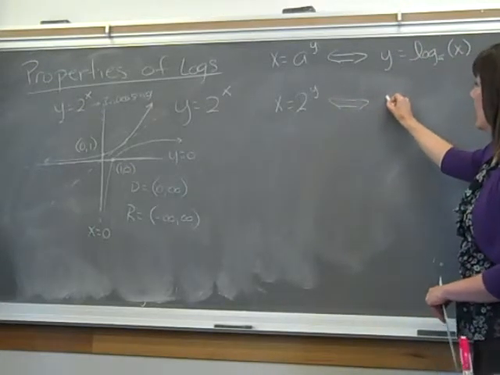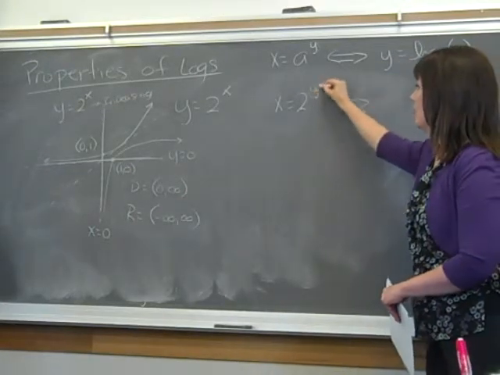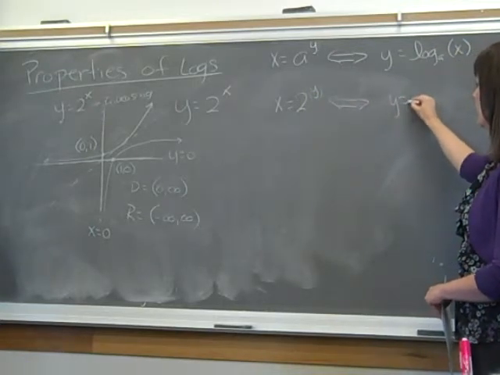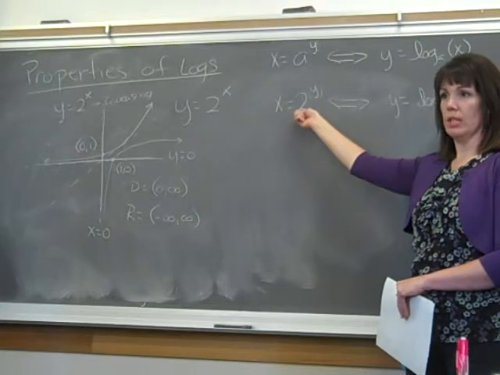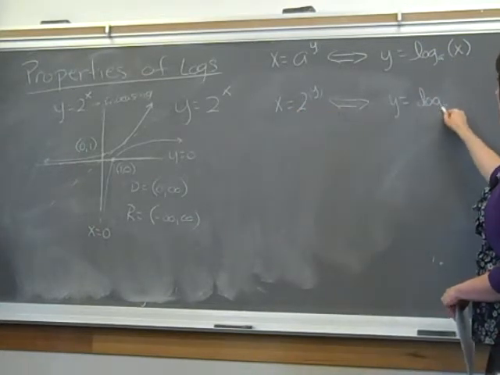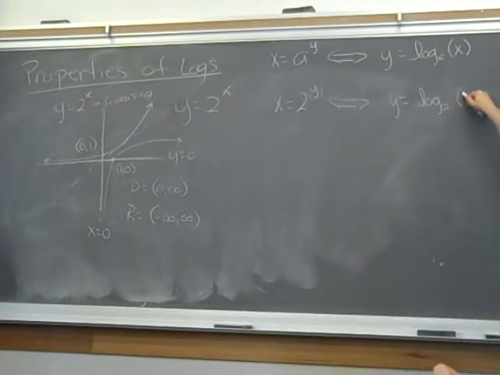So I would say, remember, whatever my exponent is, y equals log. Is this the base of the exponent? It sure is. It's the base of the log, too. So whatever the exponent is, you will say that exponent equals a log base, and then whatever the base is.